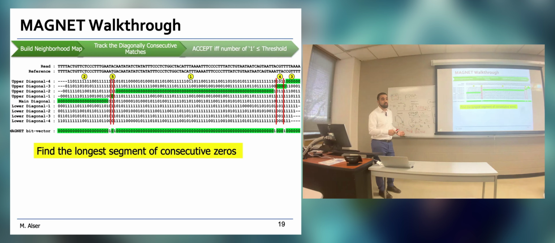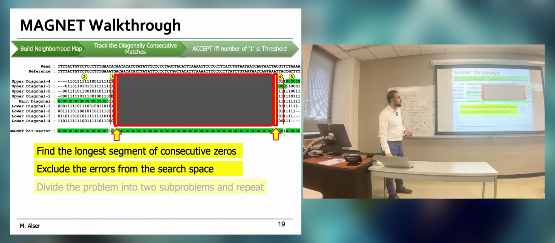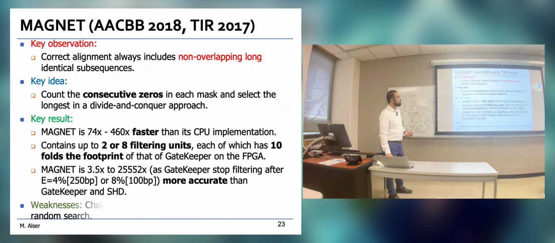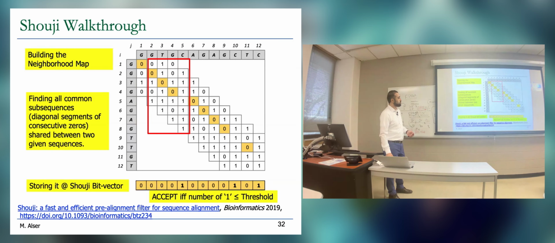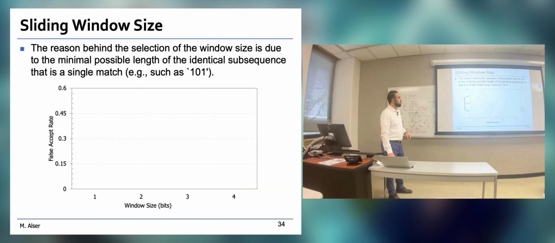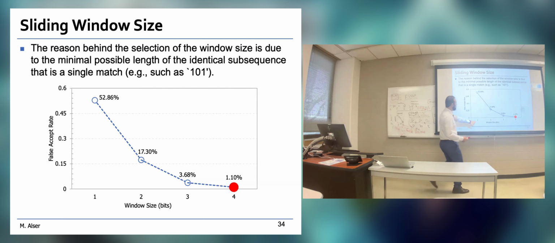And that's going to give us a hard time on how we could capture the correct answer without overlapping the ones with 0. Remember, if we got a bit vector all full of zeros, we're not going to filter anything. We're going to accept all of them, because we don't have ones to count for the approximated distance. And that will be the problem with having a sliding window of size 1 and size 2.